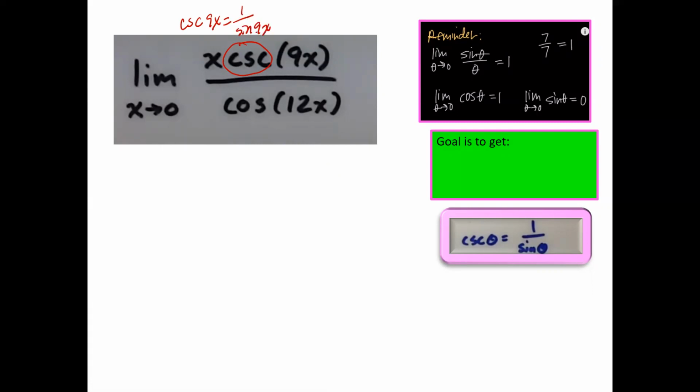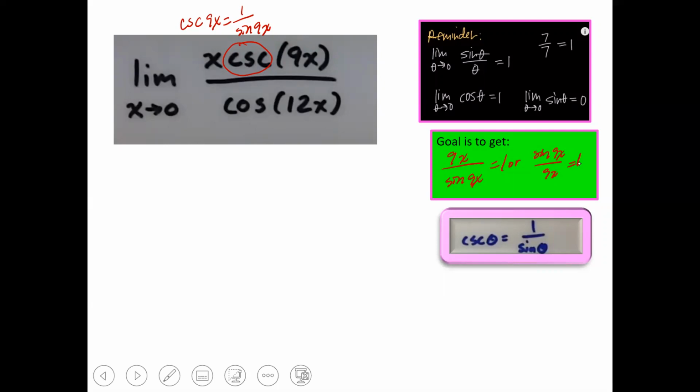If I have a sine 9x here, my goal is to somehow get 9x over sine 9x equal to 1, or sine 9x over 9x equals 1. I'm sorry, it's equal to 1, not 0. So that's kind of what I'm thinking at this point.